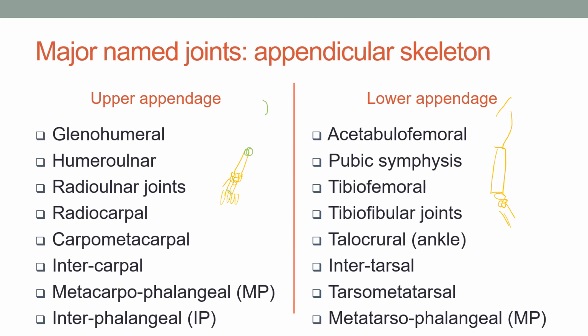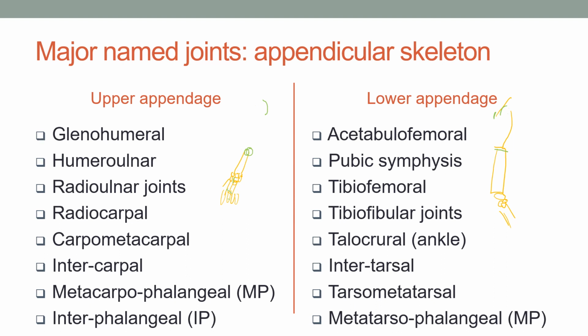So we've got an acetabulofemoral joint here, a pubic symphysis here where the pubic bones come together, a tibiofemoral joint here, and also a patellofemoral joint where the patella meets the femur.